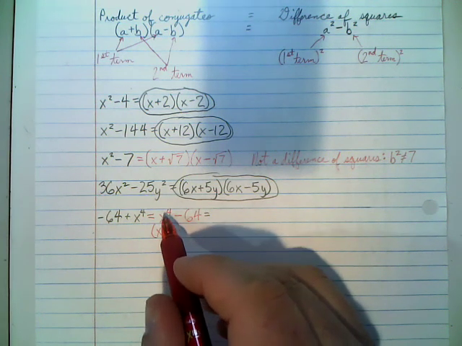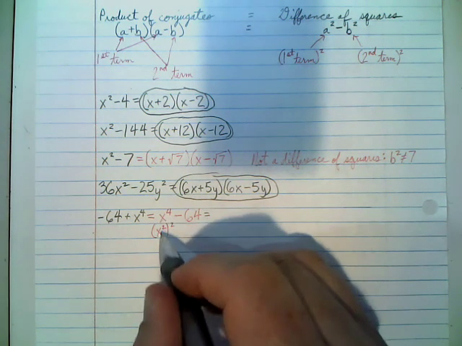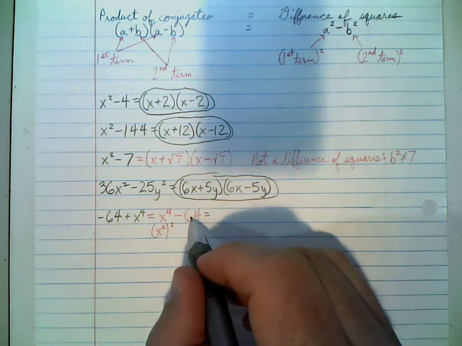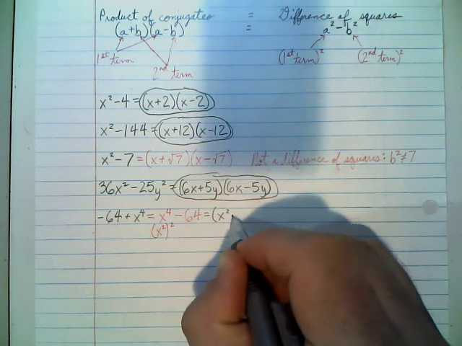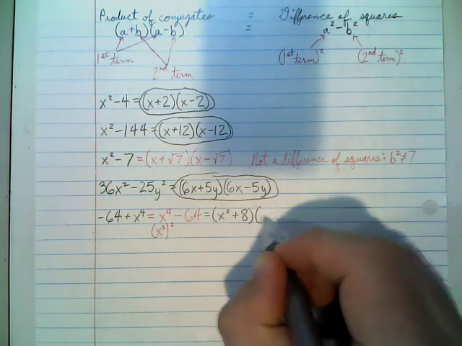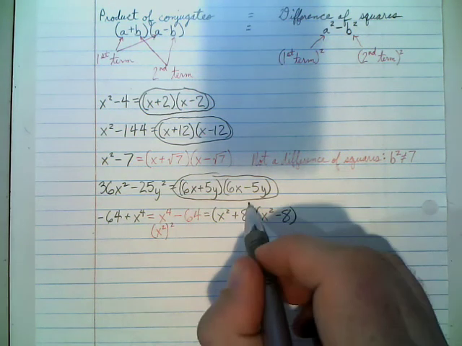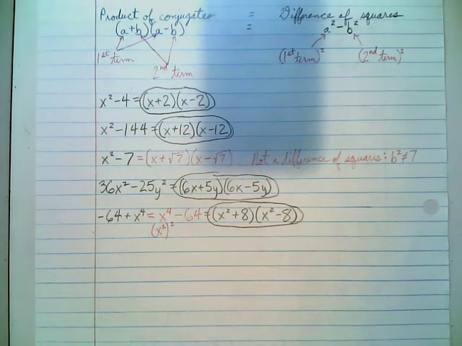So 2 times 2 would be 4. So it turns out that, yes, this is the square of x squared. And this is the square of 8. So therefore, this is x squared plus 8 times x squared minus 8. And there it is.